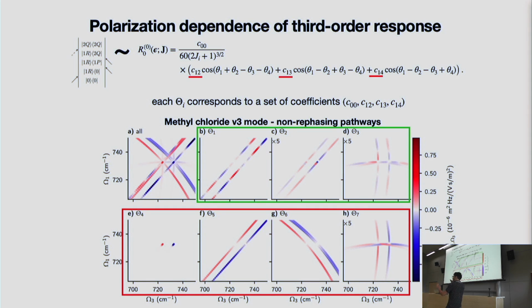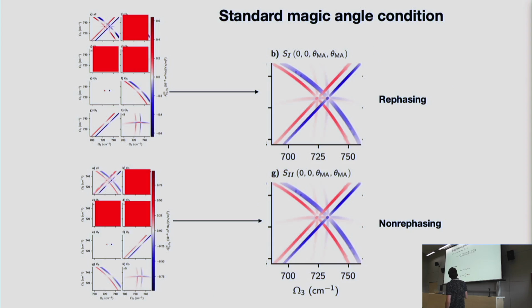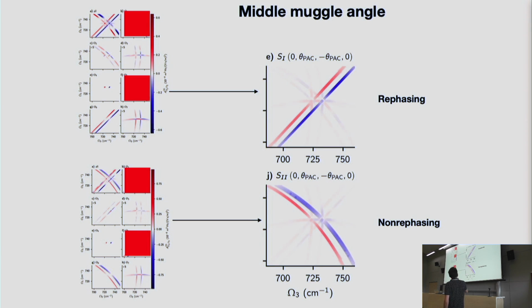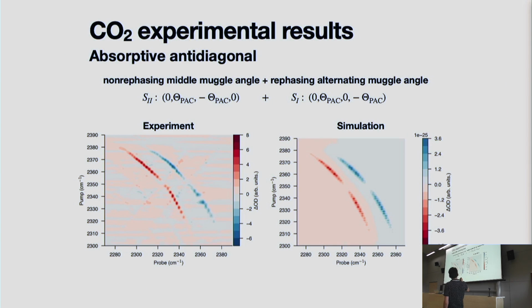By manipulating the polarizations, you can kill parts of the response. You can, for example, completely remove the anti-diagonal part or the diagonal part, or do the reverse. We have basically shown experimentally that if you use specific polarizations, you can nicely manipulate what you measure.